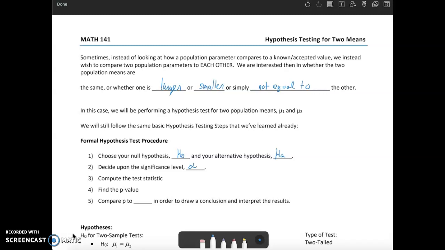We then compute the test statistic and the p-value, which is what we are going to be using Excel for. And then we compare that p-value to alpha in order to draw the conclusion and interpret those results.